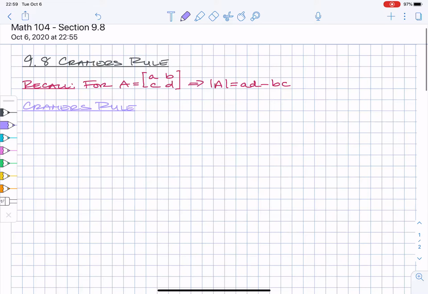Okay, so let's let ax plus by equal h and cx plus dy equal k. And let's have that the determinant of A, which is the matrix of coefficients, is not equal to 0.